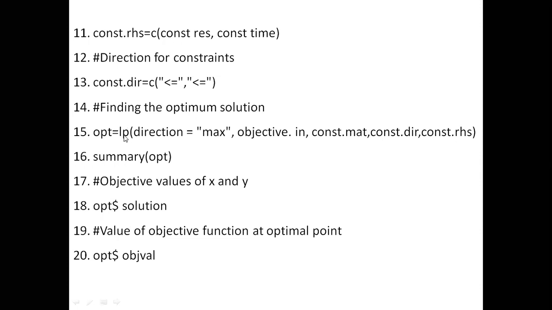For this linear programming, the library has been specified initially itself. From that library, the corresponding feasible range of steps will be taken in the case of linear programming. And after solving, we need to get the summary of the optimal solution that we identify in the series of steps, and the objective values of x and y.